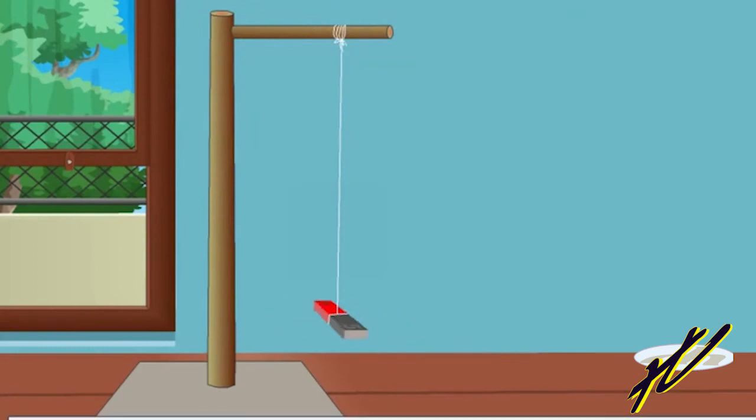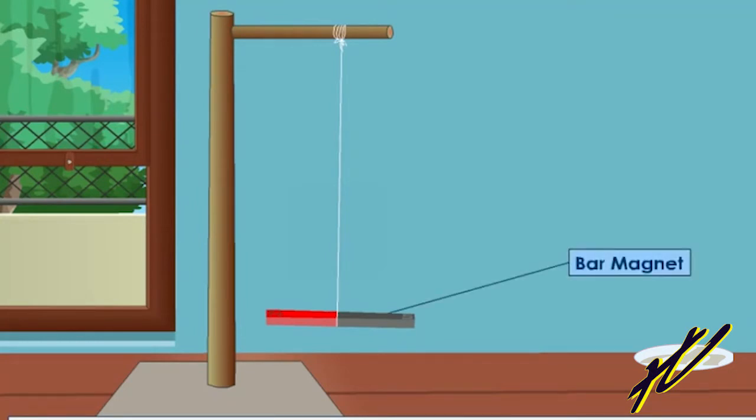Students, a freely suspended magnet always points in the north-south direction. When a bar magnet is suspended freely and horizontally from a thin thread, the magnet will come to rest, pointing to the Earth's north and south directions.